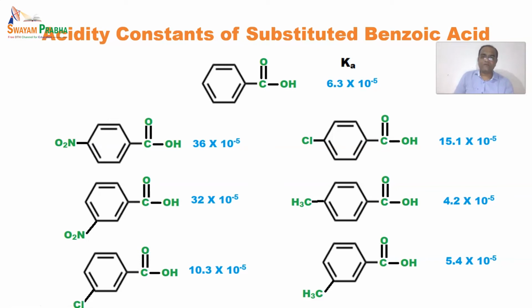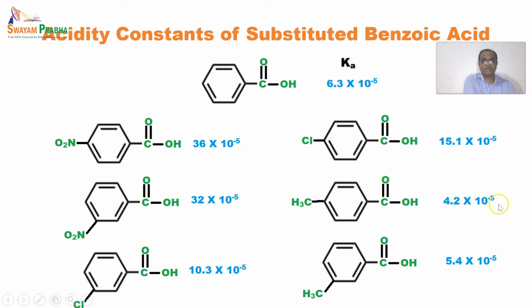It can be seen that whenever there is an electron withdrawing effect, the acid becomes stronger than benzoic acid, and when the substituent is at para, the values are quite a bit higher compared to meta. Similarly, in the case of chlorine, the value for para is more than the value for meta. That effect might be due to a stable para position. Methyl is an electron releasing group and it creates a negative inductive effect.